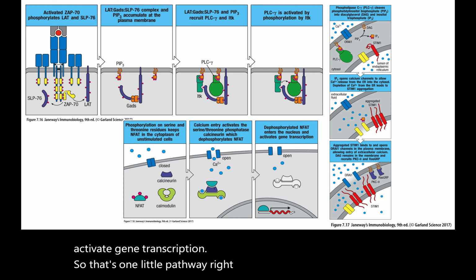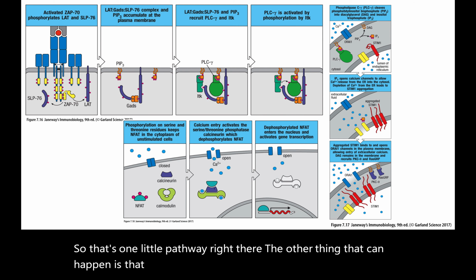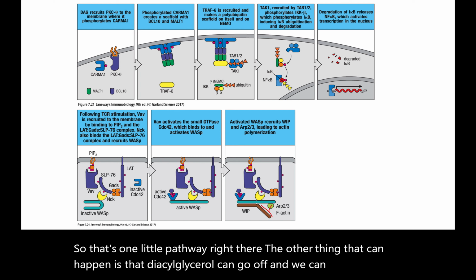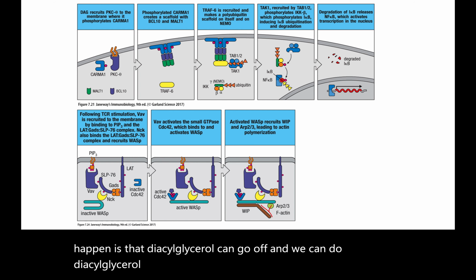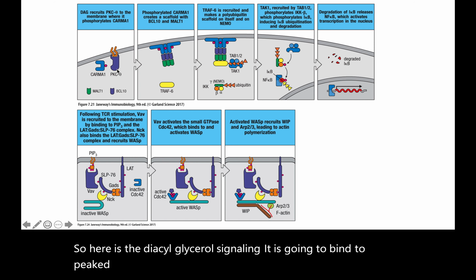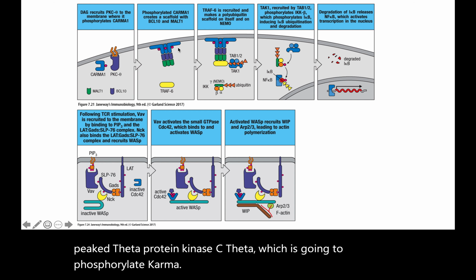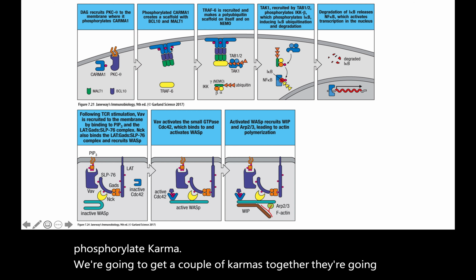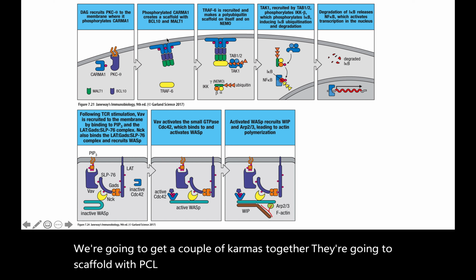The other thing that can happen is that diacylglycerol can go off and we can do diacylglycerol signaling. So here is the diacylglycerol signaling. It is going to bind to PKC theta, protein kinase C theta, which is going to phosphorylate CARMA. You're going to get a couple of CARMAs together. They're going to make a scaffold with BCL10 and MALT1. They're old friends.